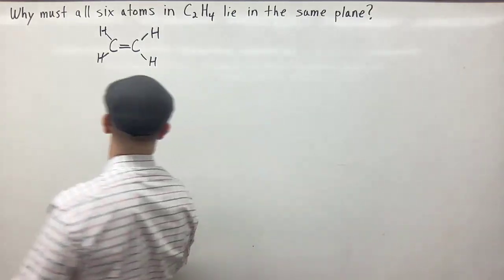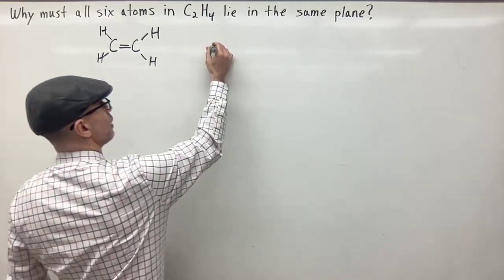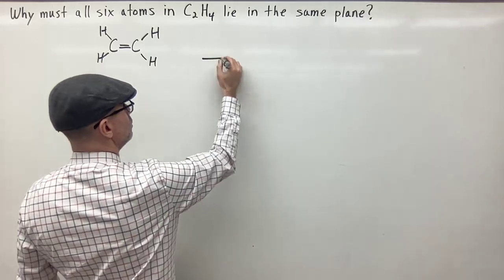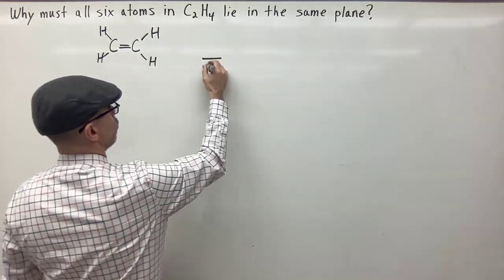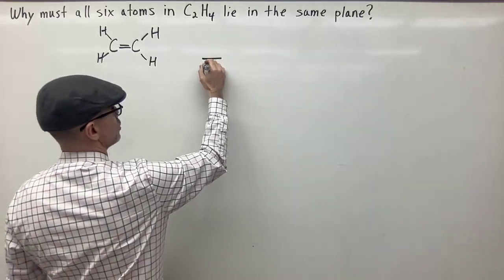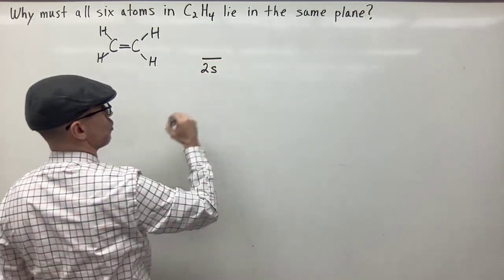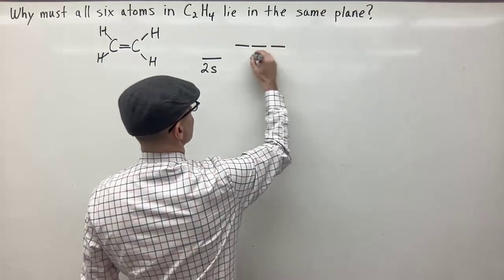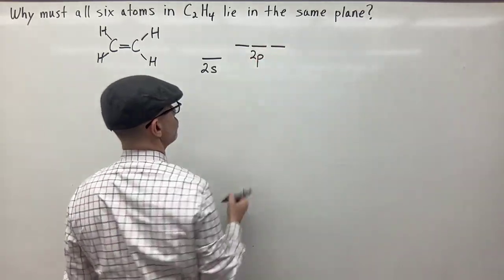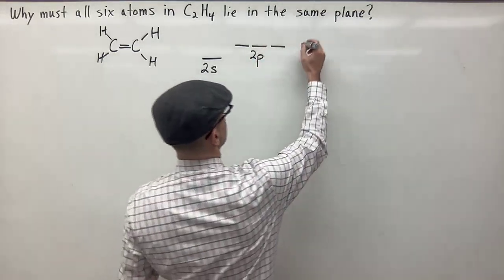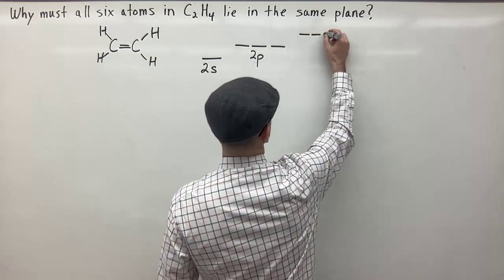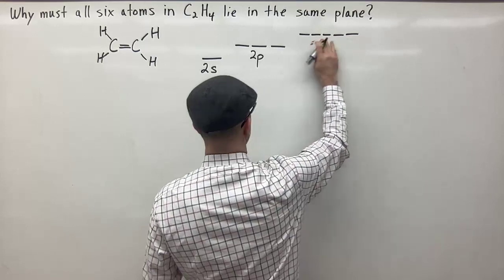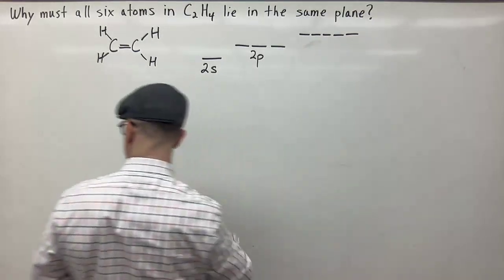Just to show you what I'm referring to, in this case you have the 2s orbital, and then you've got three 2p orbitals. Well, we're not going to have d orbitals, but you know what I'm saying.